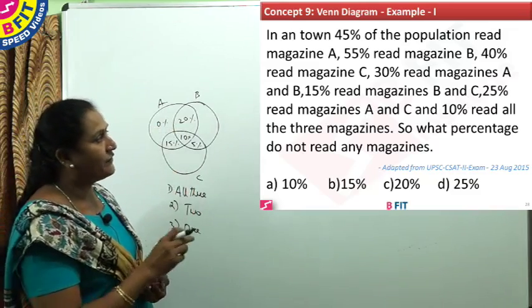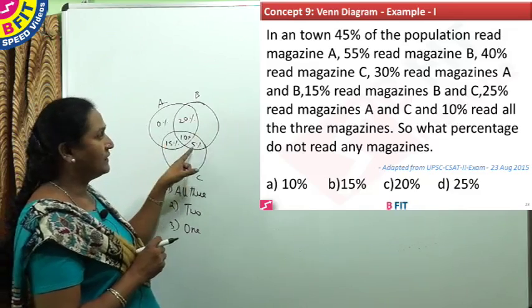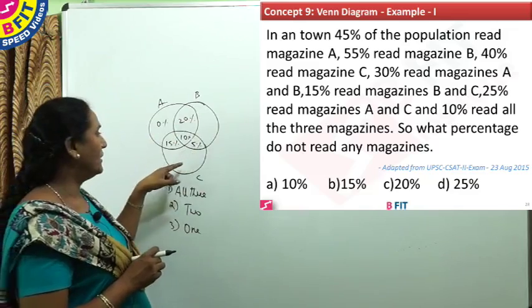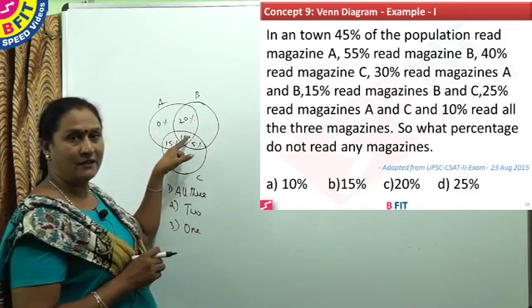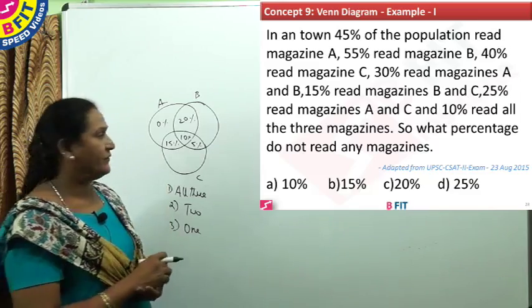And now 55% read magazine B. So in this magazine B circle, we should have 55%. And what are the values we have here already? So 20 plus 10, 30, plus 5, 35. Subtract 35 from 55.